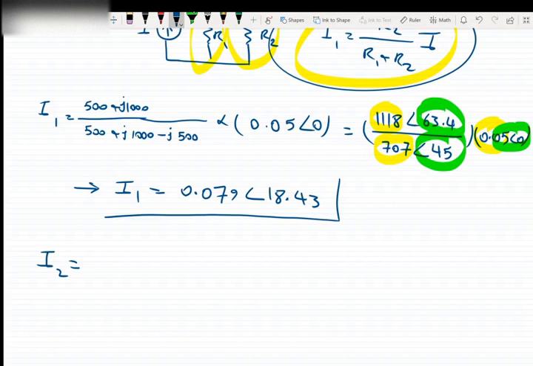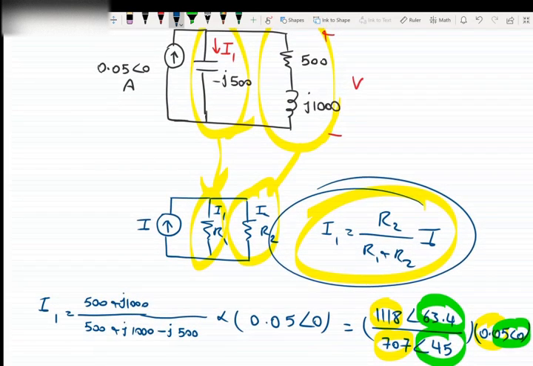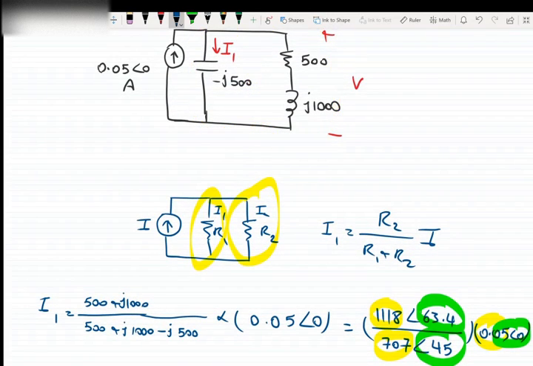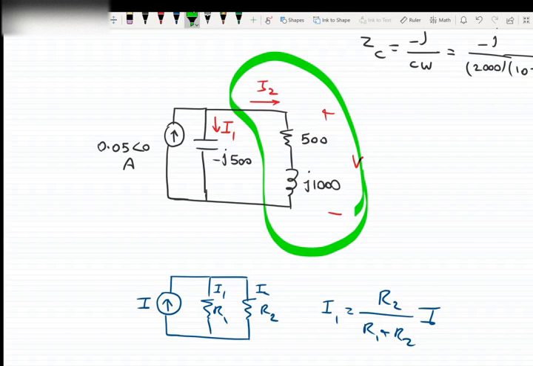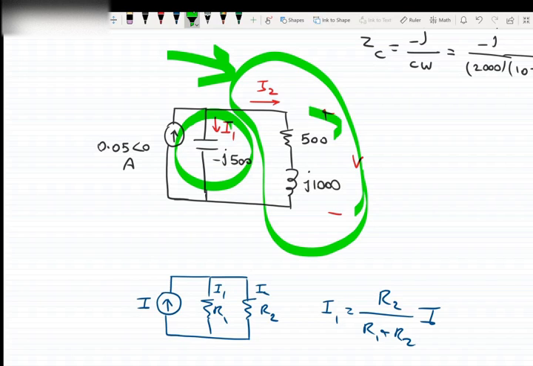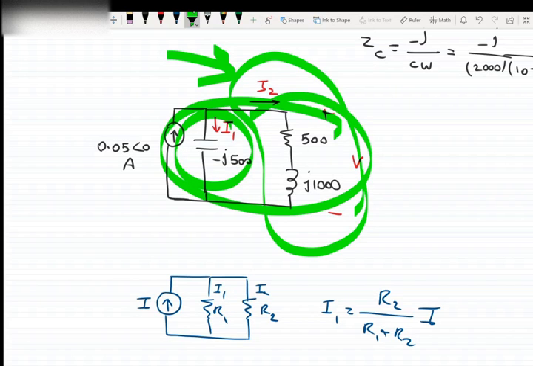I2 is the current going through this branch. So we say the current going through this branch is the other impedance divided by total impedances times the current.